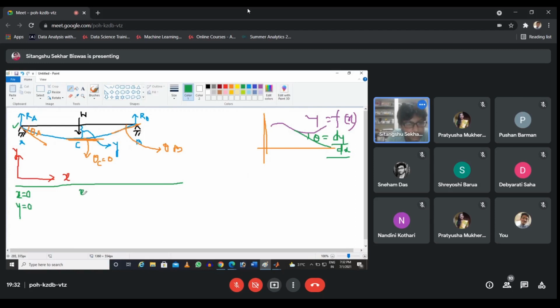At the middle, if the entire length is L, the middle is at L by 2, and my y is equal to y max, and my theta, the dy/dx, is 0. At x is equal to L, again my y is 0.